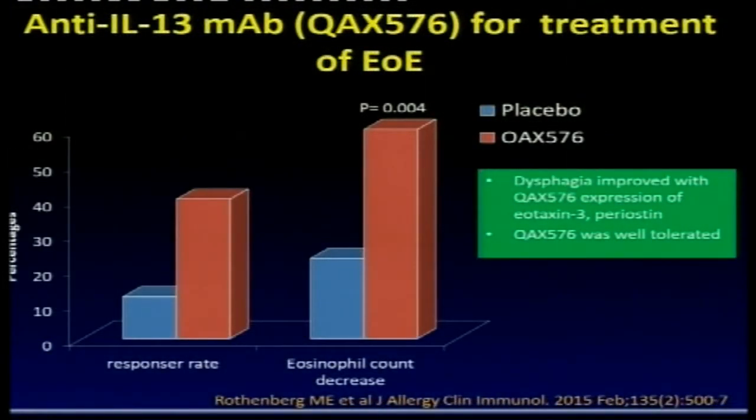Another promising agent is interleukin-13 blocker, or we call it QAX576. If you see here, compared to placebo, the response rate is up to 40% and eosinophil count decreased by almost 60%. And we expect this medication, based on adult and pediatric data, will be used first of all for non-response to steroid, because they found that it is well tolerated and a safe medication.